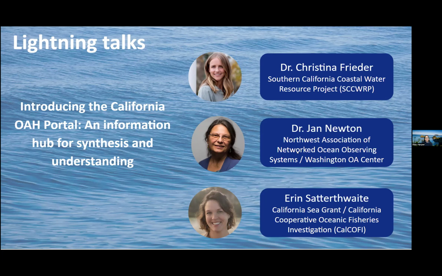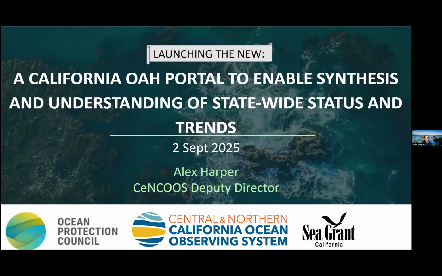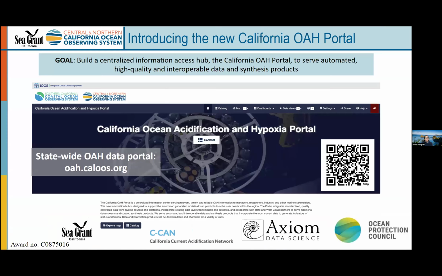Before we begin the demo, I'd like to give a quick background of the California OAH portal project, its inception and development. The California OAH portal was supported by the California Ocean Protection Council and California Sea Grant, with the goal to build a centralized information access hub to serve automated, high quality, and interoperable data and synthesis products.